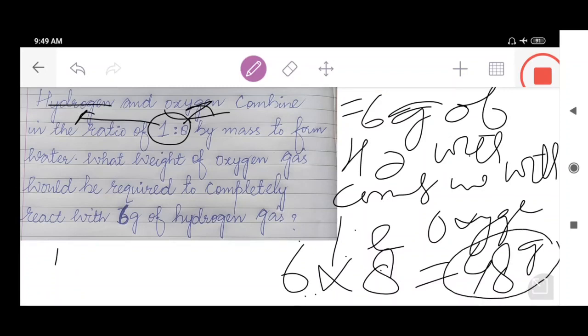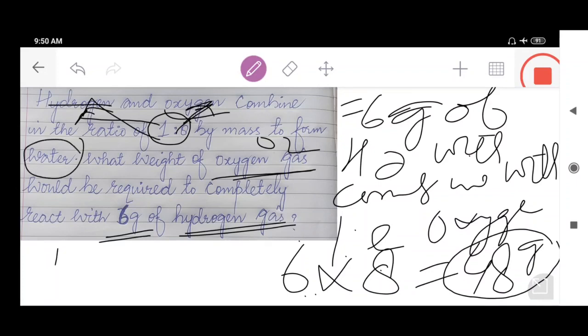We were asking what weight of oxygen gas, O2 gas, would be required to completely react with 6 grams of hydrogen gas. In the question we have the given data: 1 gram of hydrogen reacts with 8 grams of oxygen to form a water molecule. I told you that 1 gram of hydrogen combines with 8 grams of oxygen to form water.